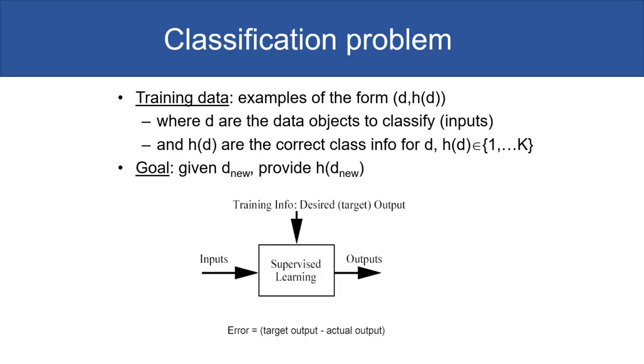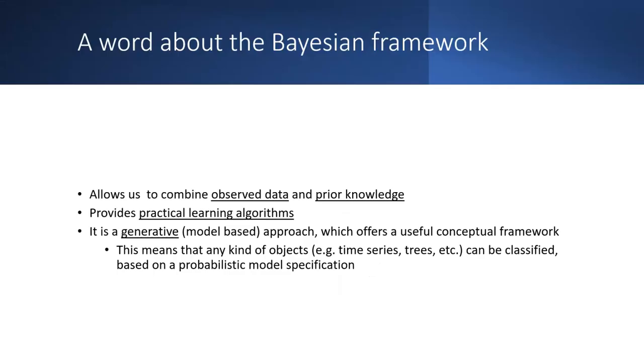It is not like clustering algorithms or KNN or unsupervised learning, where there is no proper labeling. We have the desired output as well, and error can be the target output minus actual output, like MAE or MSE. These kinds of errors can also be obtained from here.